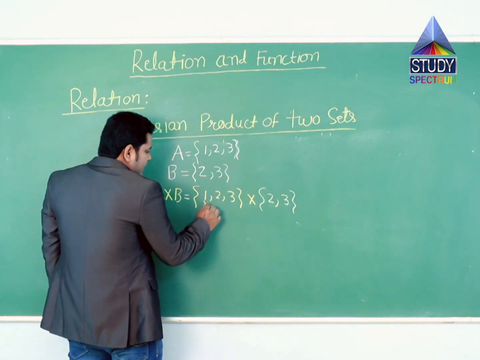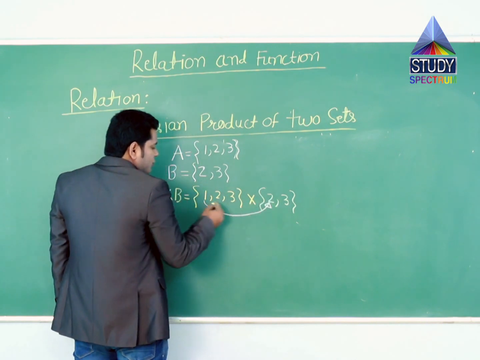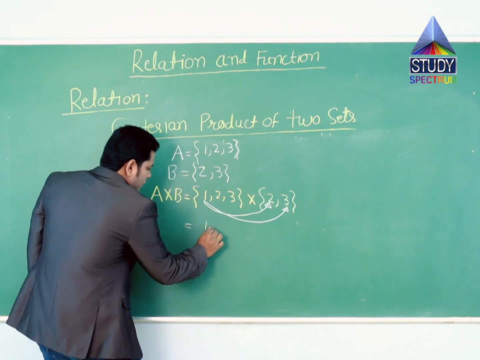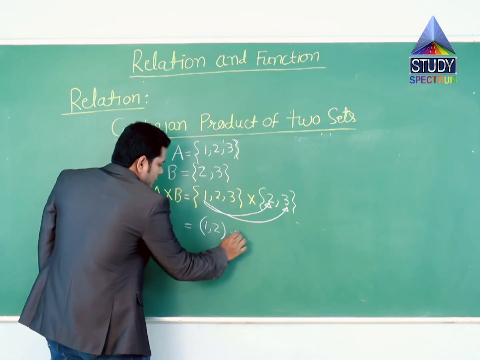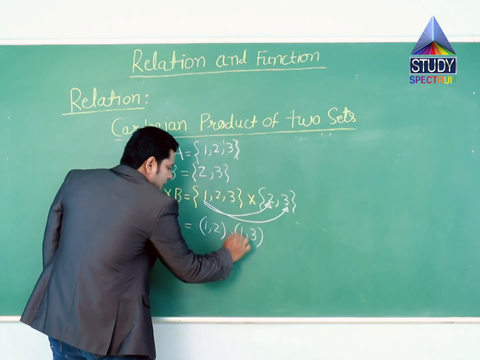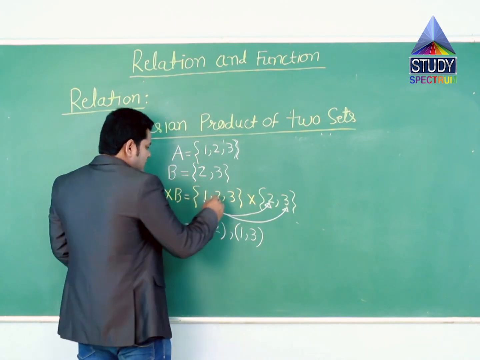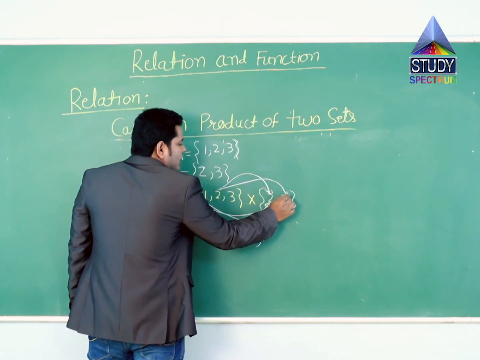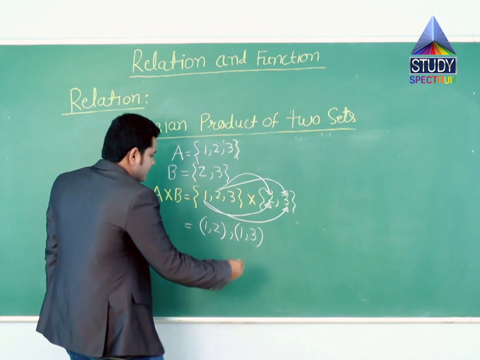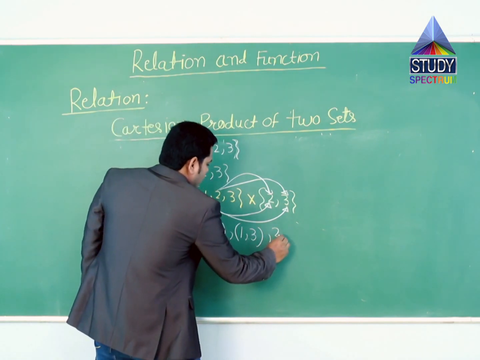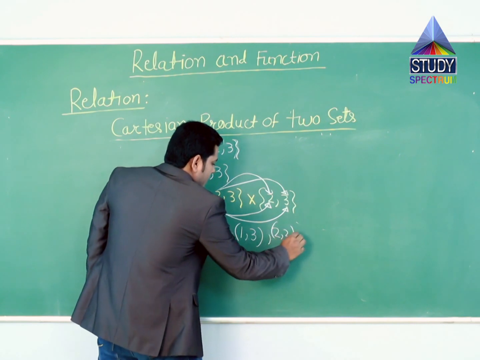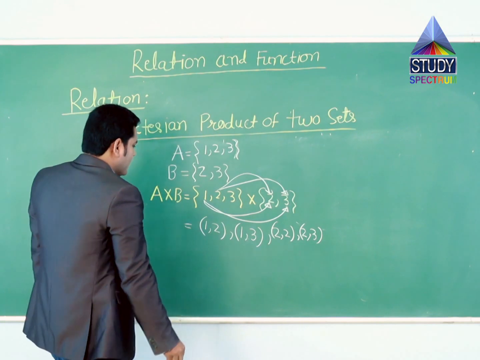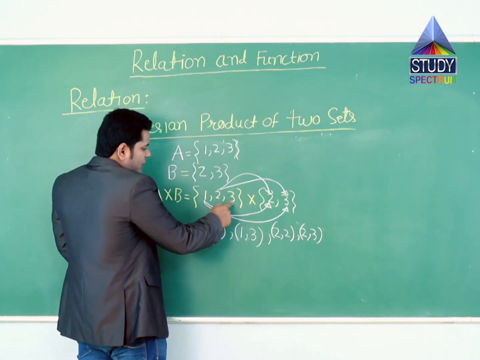So 1 can make an ordered pair with 2 and with 3: (1, 2), (1, 3). In the same way, 2 can make ordered pairs with 2 and 3: (2, 2), (2, 3).